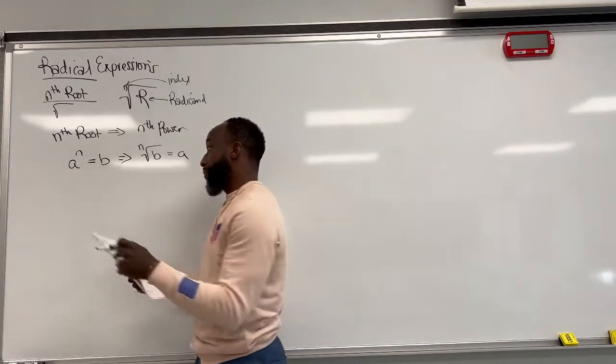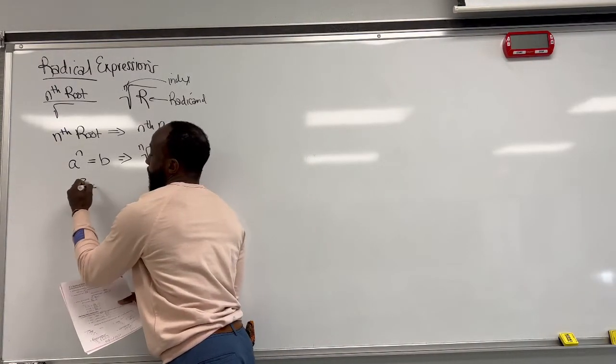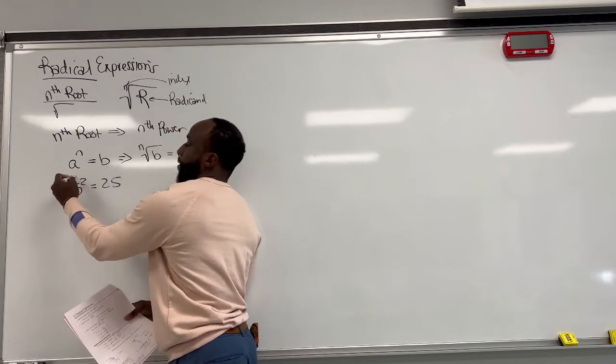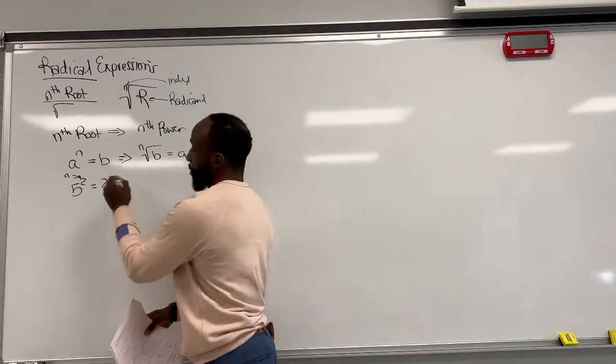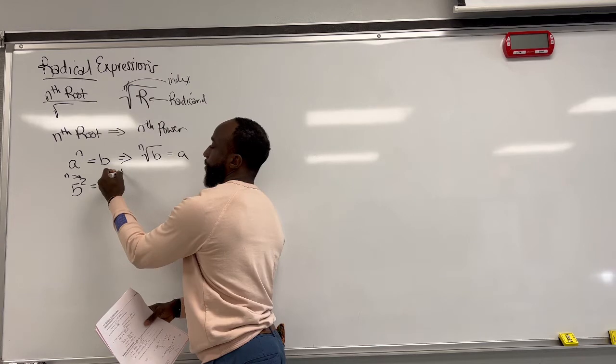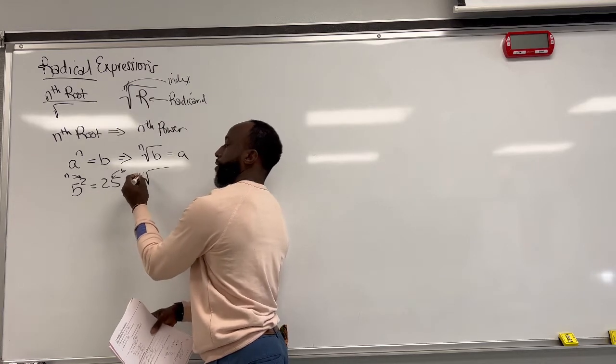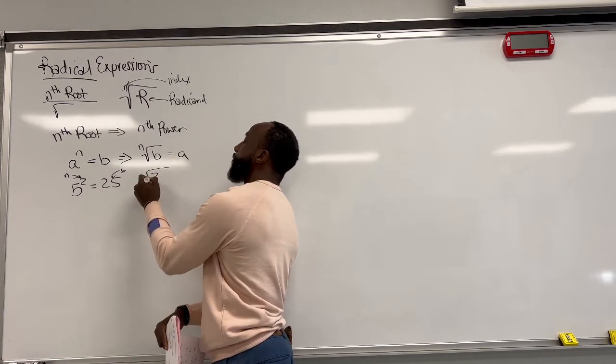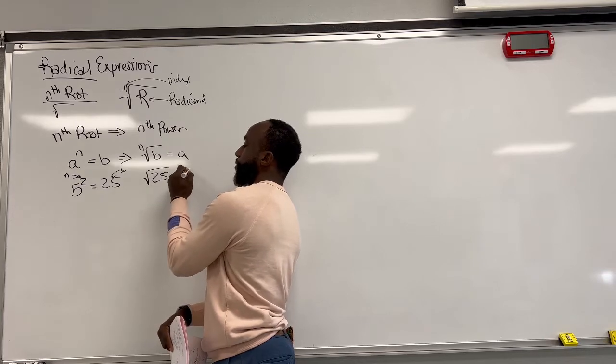So here's your example. If we've got 5 squared equals 25, n being 2 and b equals 25, then the square root of 25 equals 5.